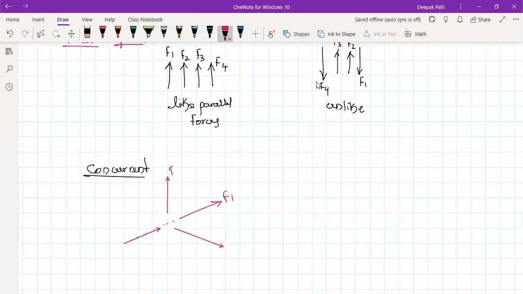This is F2, F3, and this is F4. Now if you try to extend the line of action of each and every force, what will happen?